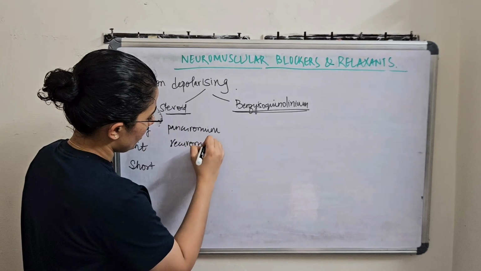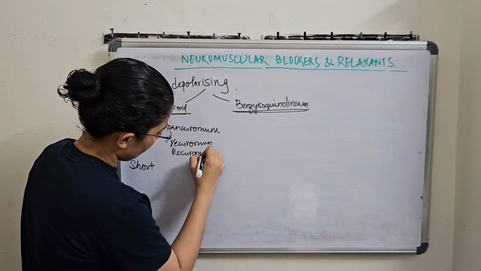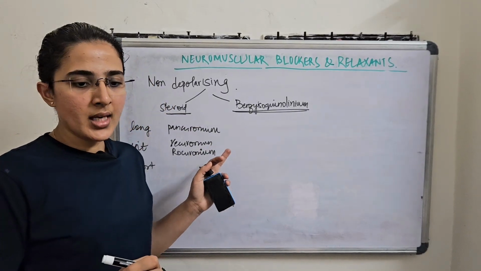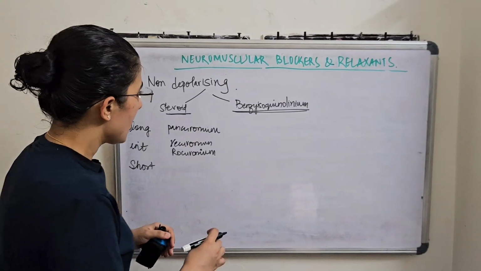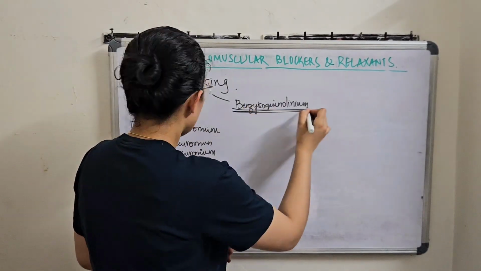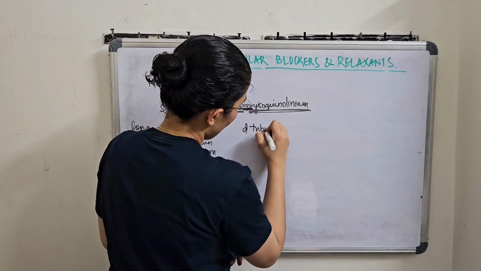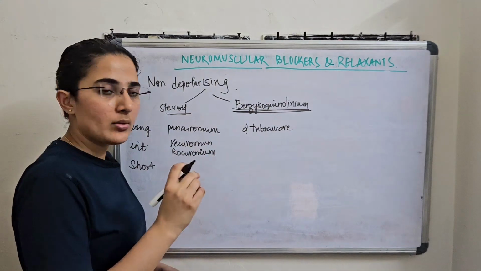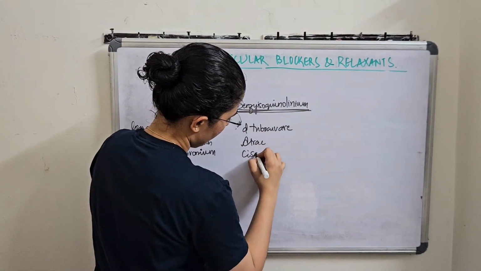vecuronium and rocuronium, which are the intermediate-acting ones. Among the benzylisoquinolines, the long-acting one is D-tubocurarine, whereas the intermediate-acting ones include atracurium and cisatracurium.